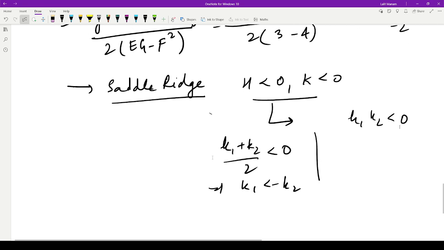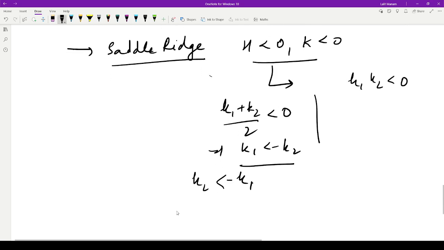Given that k1 is less than minus k2, what can you say? k2 is less than minus k1.